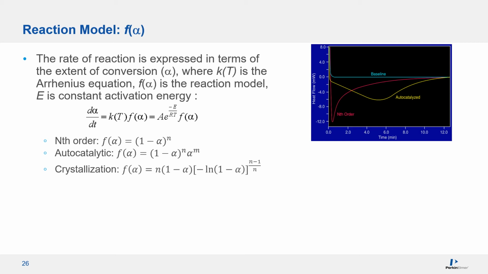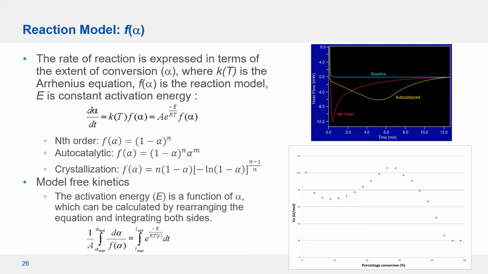The other method is called model-free kinetics. If you rearrange the rate of the reaction equation and integrate it, the activation energy in the Arrhenius equation, or simply put, the energy barrier, is not a constant anymore. It is now a function of the extent of conversion.